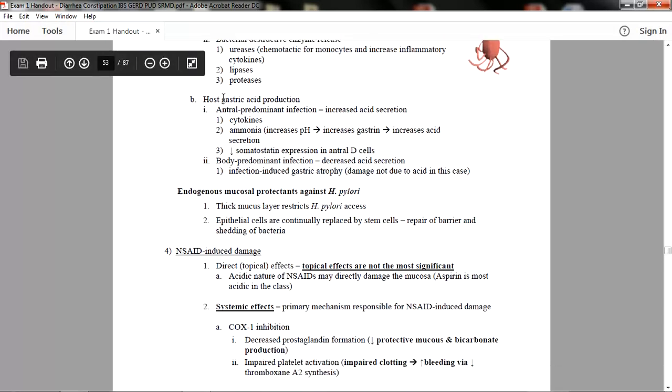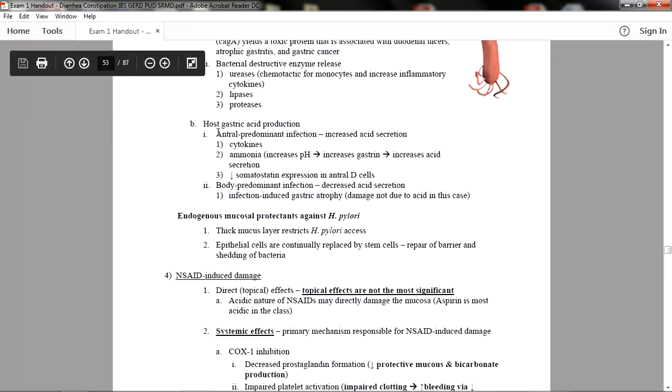Okay, so back on this maybe a little bit complex idea, hopefully not too bad. Again, the host gastric acid production, I want to talk about how it's related to where the organism infects the stomach. If we have an antral predominant infection, we have increased acid secretion. First of all, we have production of cytokines that are damaging to the area.